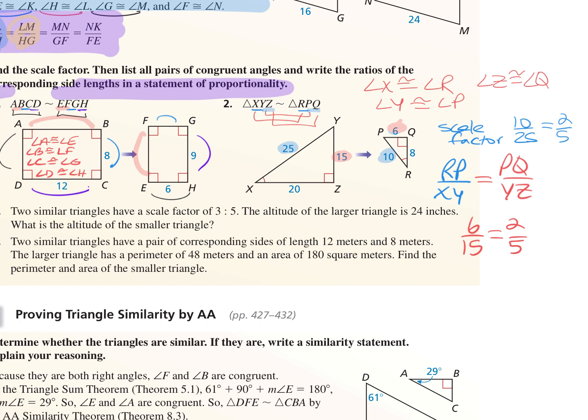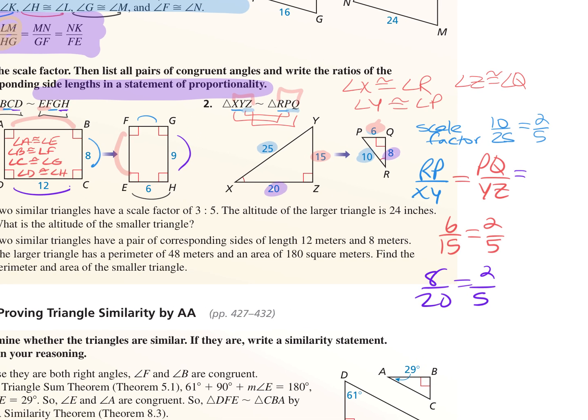And then the last one, I could go from the beginning to the end, so X to Z, and then R to Q. So that would have been XZ is 20, RQ is 8. So if I do 8 over 20, divide them both by 4, 2 to 5, and this would be my last ratio that I would put in my statement of proportionality.